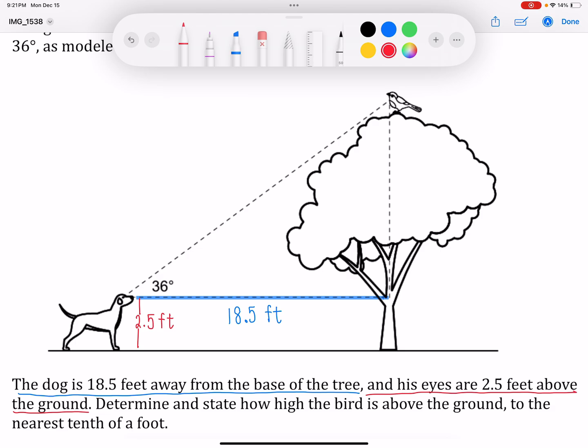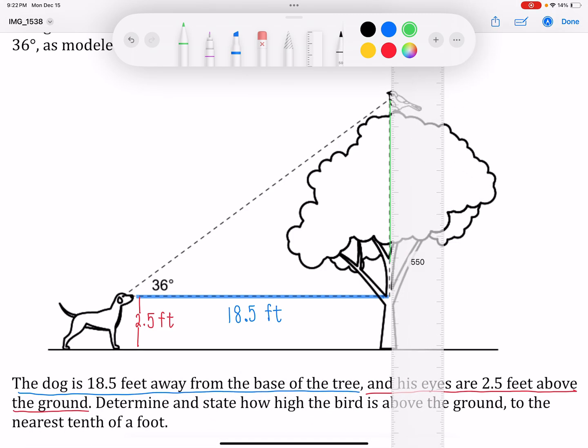So I want to determine and state how high the bird is above the ground to the nearest tenth of a foot. And so this is going to be that vertical distance that I'm going to mark green here. And I will label it as x because I do not know this value and I'm trying to solve for it.